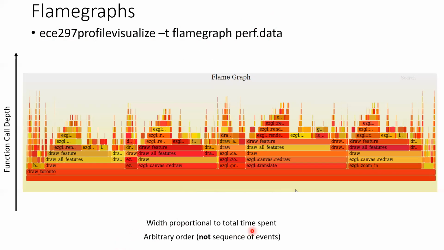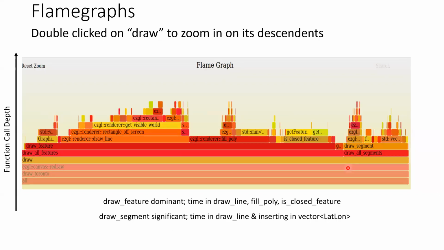The width is proportional to the total time, in arbitrary order, not in the sequence of events, but you'll see coarsely what happens in time. And if you double click, you can zoom in onto its descendants.